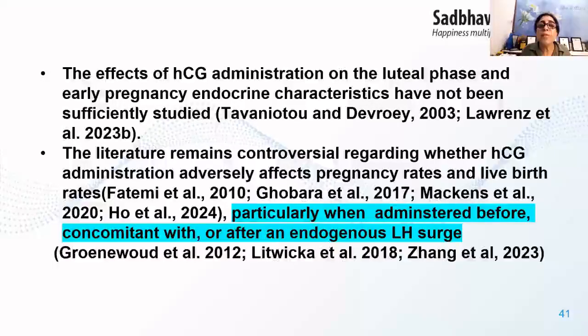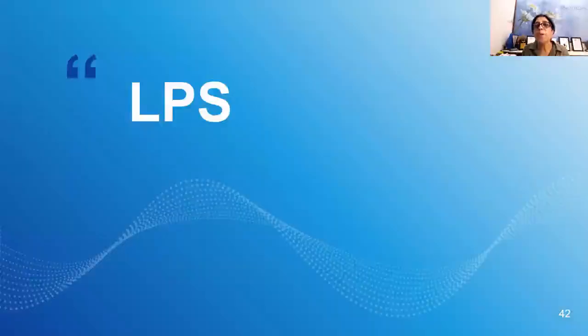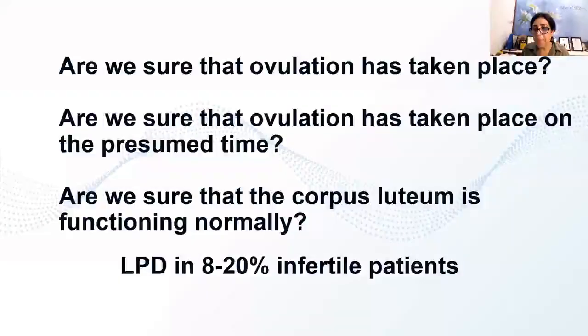That may have a downside effect on endometrial receptivity. Then the relation between LH and HCG is a question mark: if an LH rise is already there, should we give the trigger or not? These 2-3 points are the negative sides of the modified natural cycle, but a modified natural cycle is much simpler compared to a natural cycle. So these are the two options we were most commonly using for an ovulatory cycle.